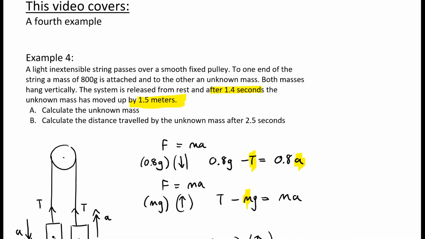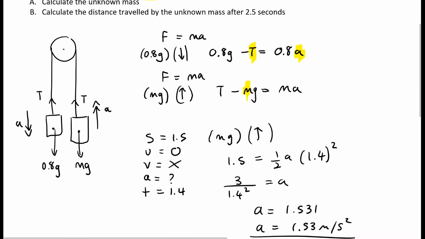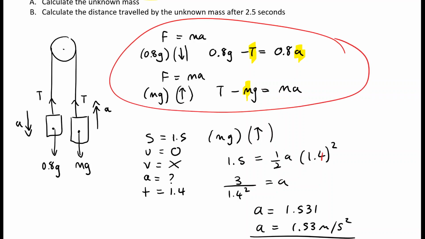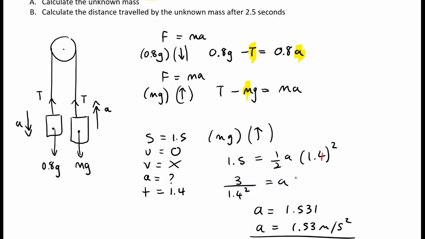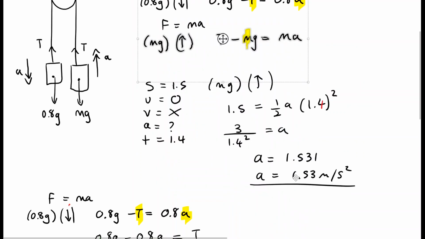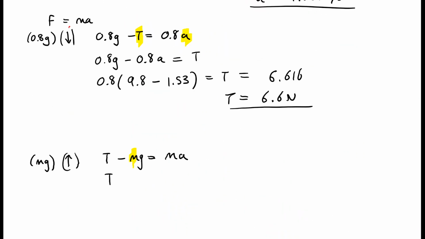The question asks for the unknown mass. Well, that's the third and final unknown in these 2 equations here, specifically in that equation. So T is equal to mg plus ma. T is equal to m(g plus a).